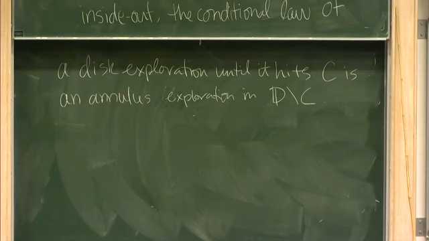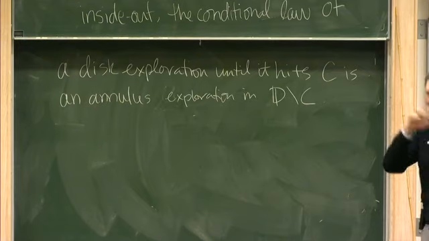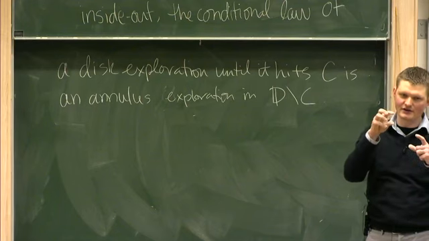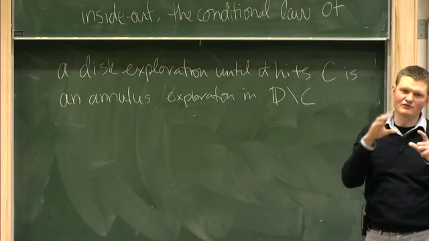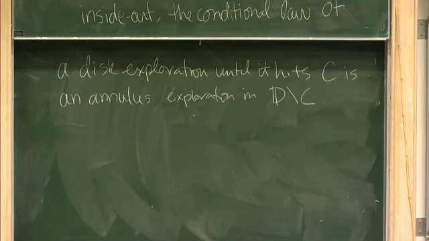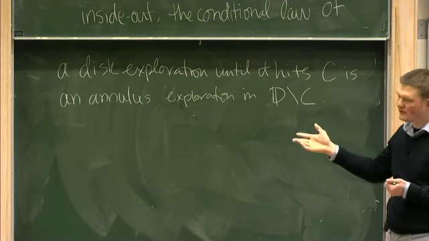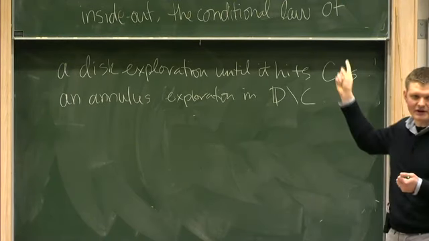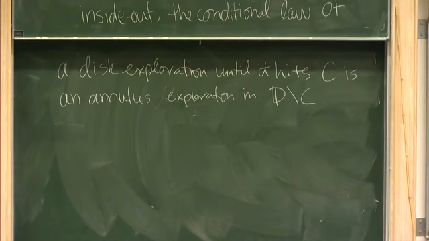For example, you can take a regular CLE4 in the disk, consider the loop surrounding the origin, and ask what the exploration looks like outside that, conditioned on the loop surrounding the origin. The answer is that it's just an annulus exploration in that region. To prove this, you take a countable set of such sets C, and then you have some continuity argument to extend it.